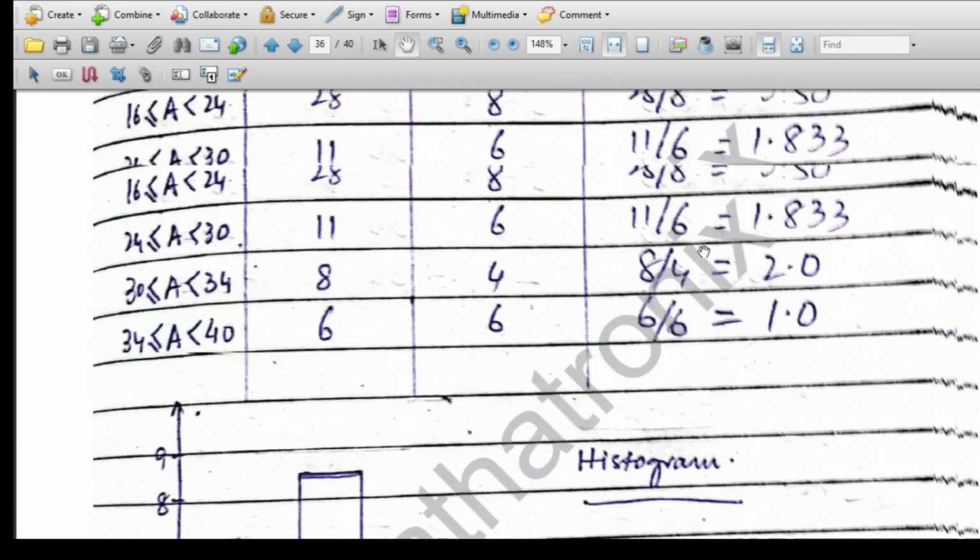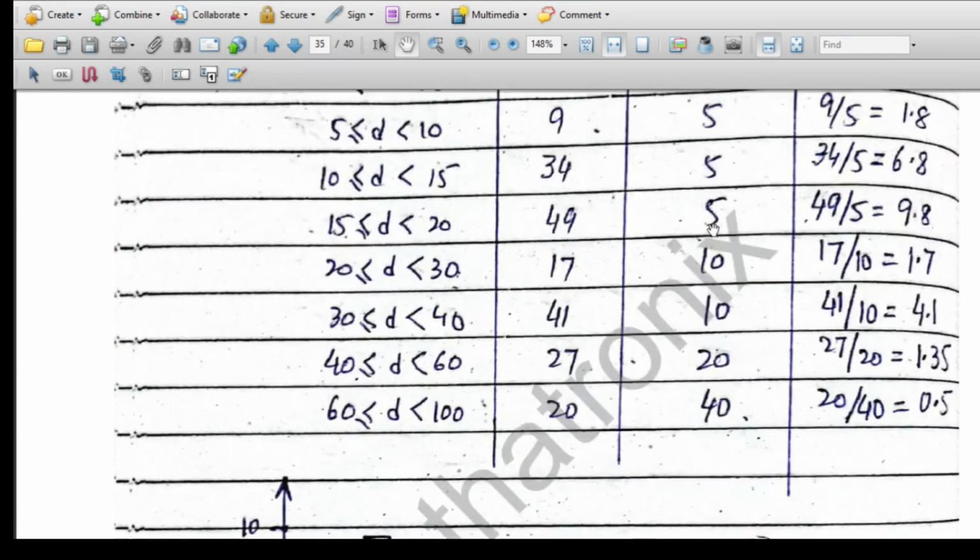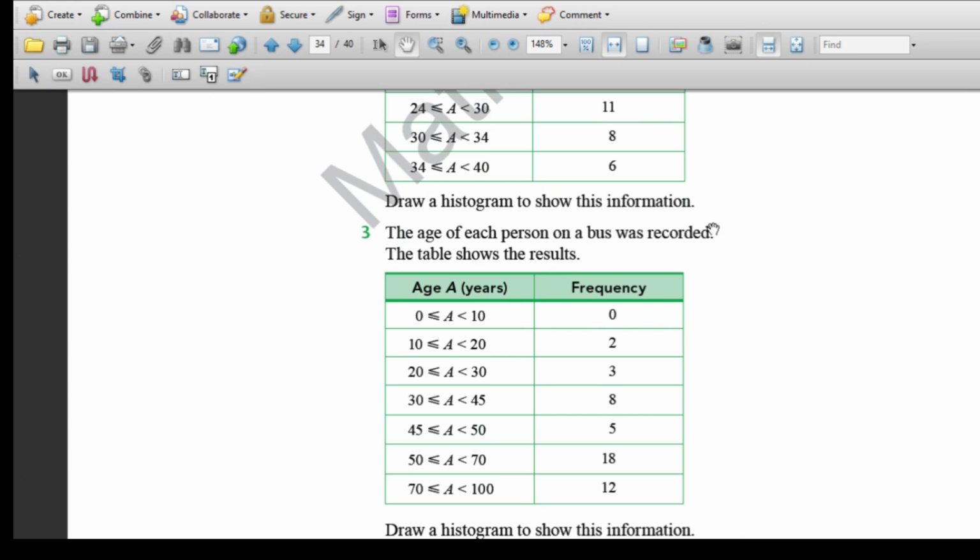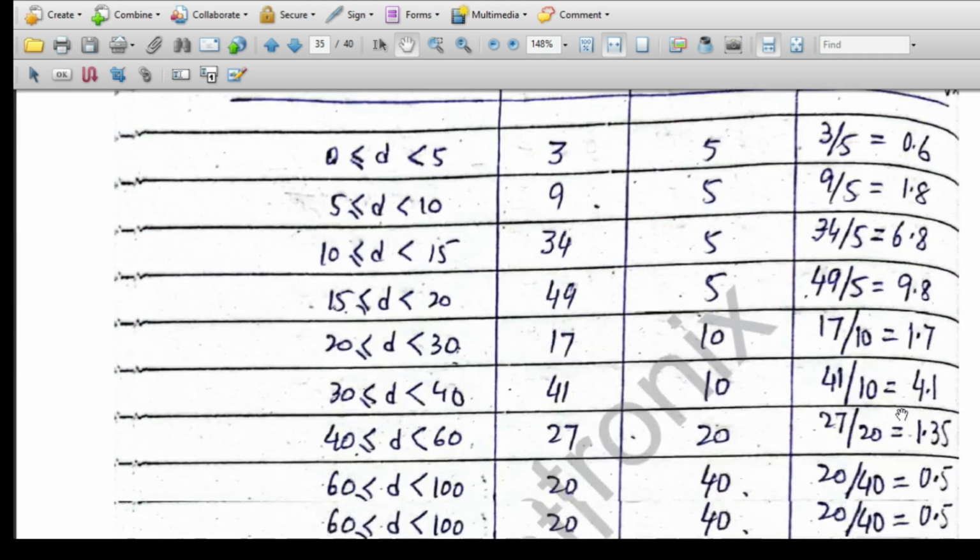In the next question, number 3: the age of each person on a bus was recorded. The table shows the result: 0 to 10, 10 to 20, 20 to 30, 30 to 45, and so on. Draw a histogram to show this information.